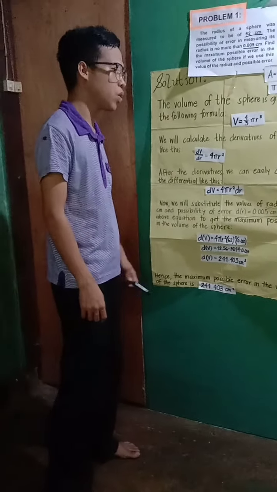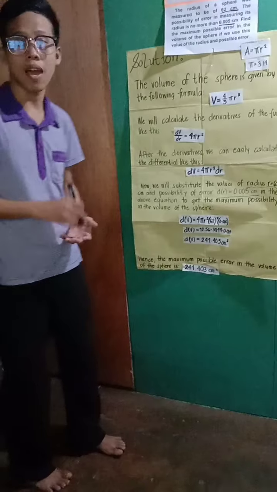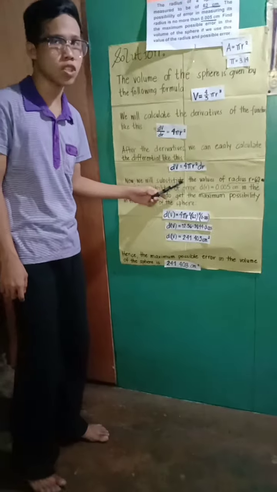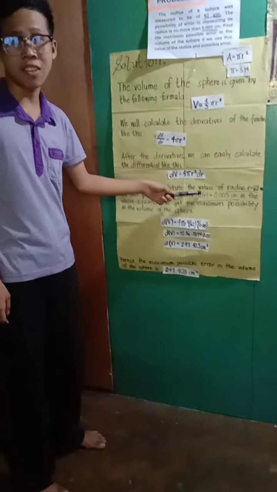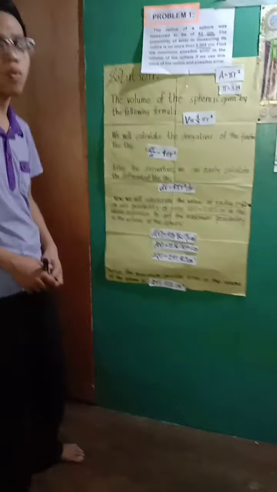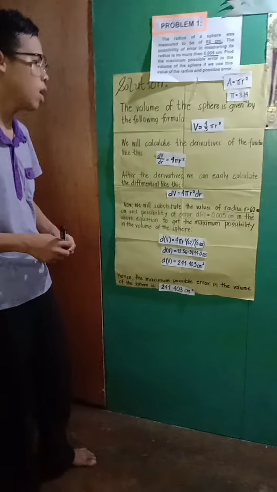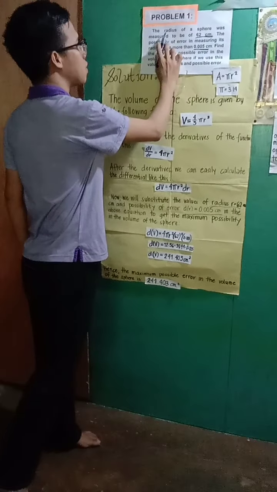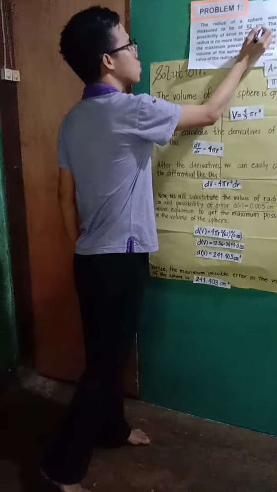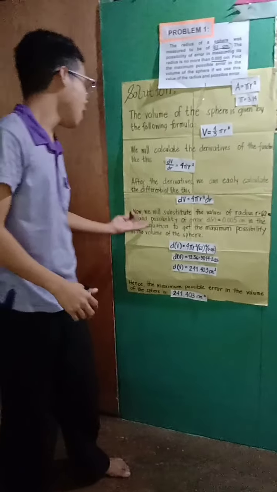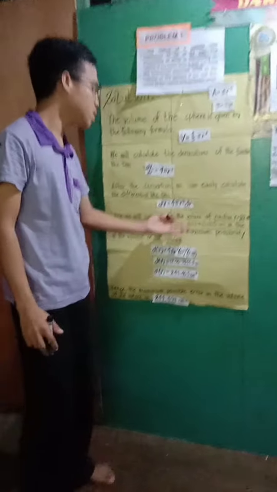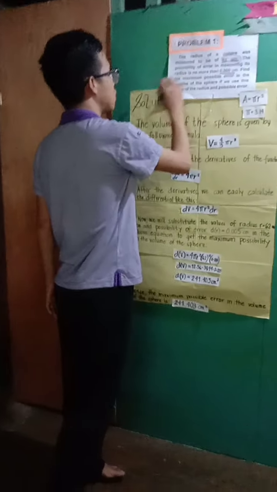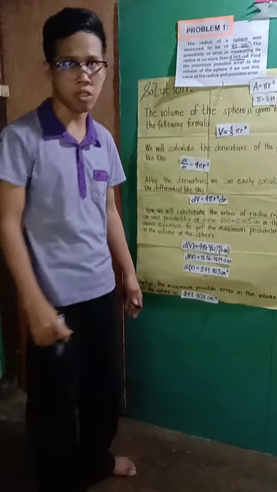After the derivative, we can easily calculate the differential like this. The differential dV equals 4 pi r squared times dr. So now we will substitute the radius r equals 62, since the radius of the sphere was measured to be 62 centimeters, and the possibility of error, dr, is 0.05 centimeter, that is, measuring its radius is no more than 0.05 centimeter.